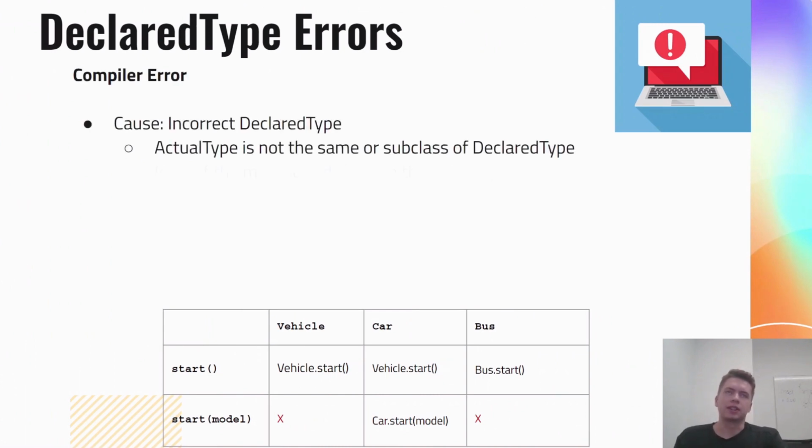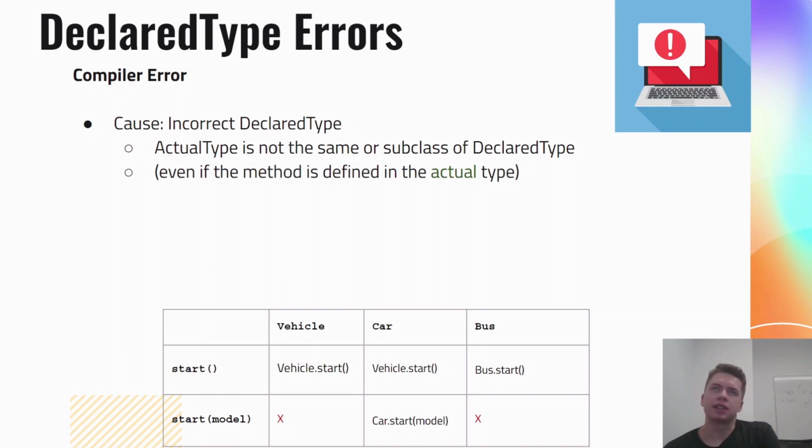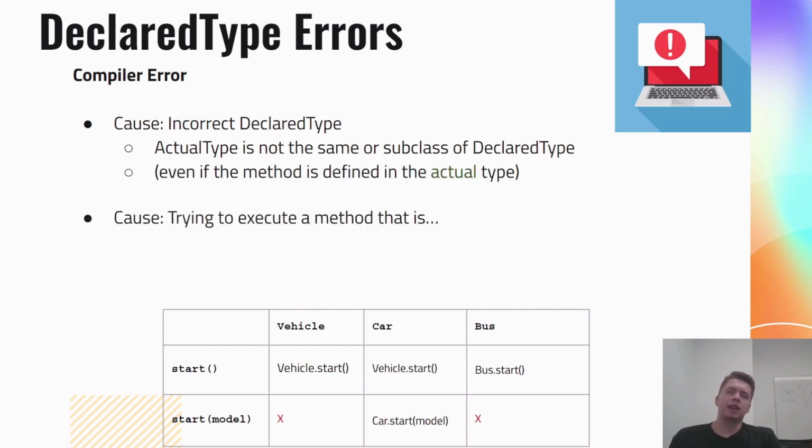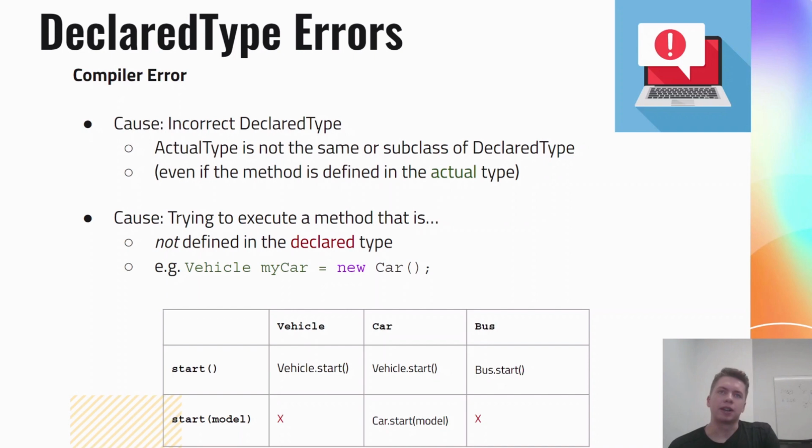So with declared and actual types, if a declared type is incorrect, i.e. actual type is not the same or a subclass of declared type, we'll get a compiler error. Additionally, if we're trying to execute a method that is not defined in the declared type, we'll also get a compiler error.